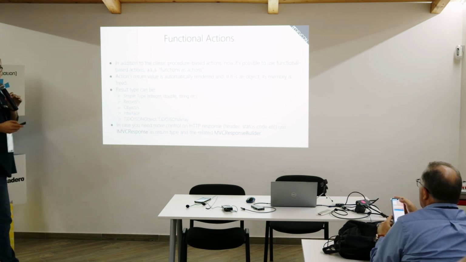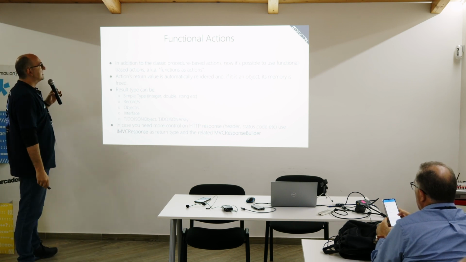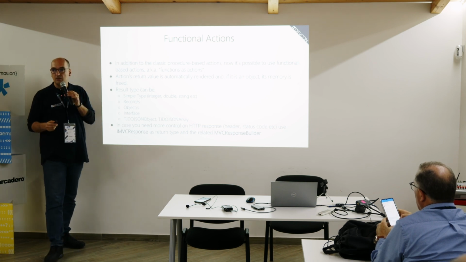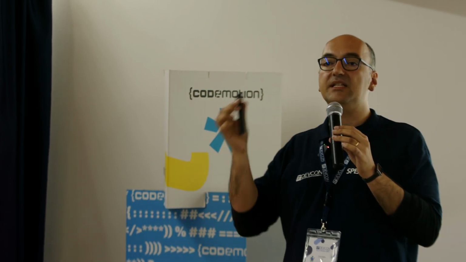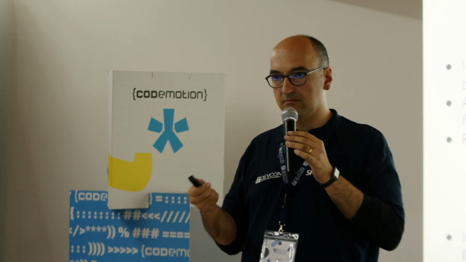This is still supported and will be supported in the future, but now there is also the functional actions. What means? Means that the action is not a procedure, but it's a function. And you don't have to call render because the return value of the function is automatically rendered.